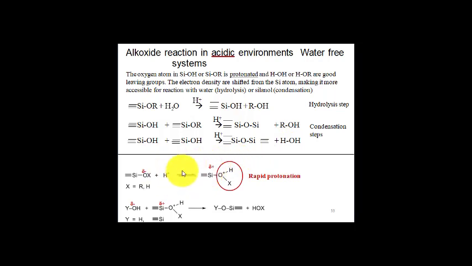Here is the mechanism of the reaction. It is rapid protonation. The protonation occurs. X can be H or an R group, alkyl group. So for example, silicon OX reacts with hydrogen ions and it gets protonated.